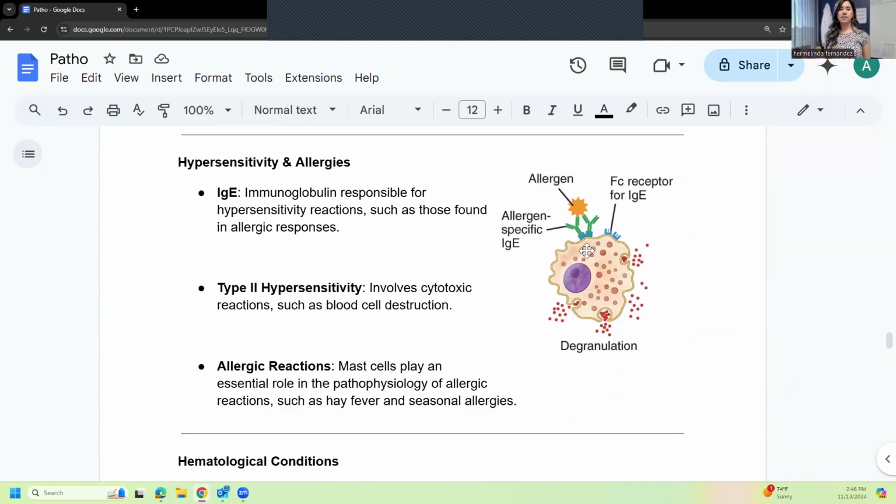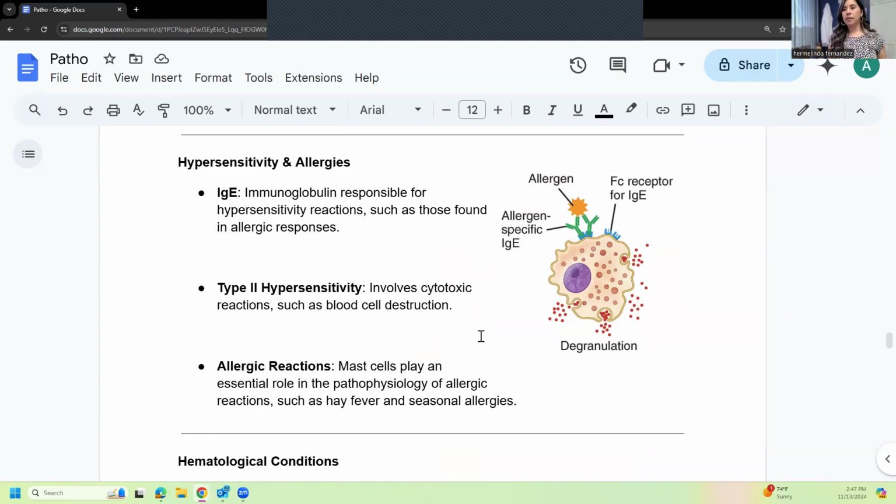Right, hypersensitivity reactions are another area that we need to be familiar with. For instance, IgE: you have a patient who comes in with an allergic reaction, you know they are going to have IgE present. This particular immunoglobulin is responsible for the hypersensitivity reactions found in allergic responses.